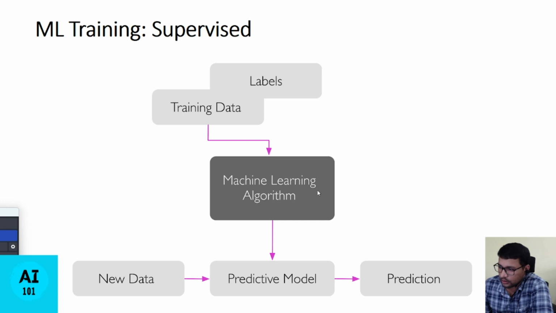The machine learning algorithm is trained by adjusting the weight and bias, and if the model is properly trained, then it can perform well on unknown data, or we can say test data, right? This is a supervised learning method.